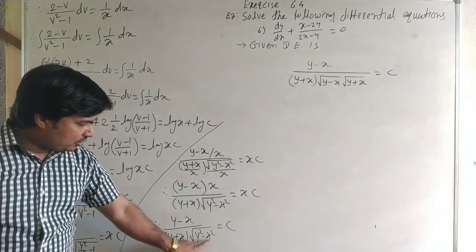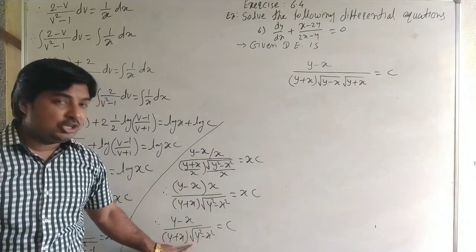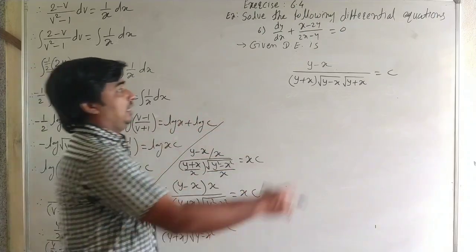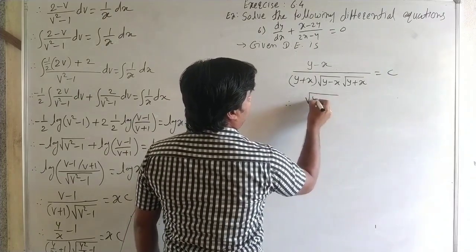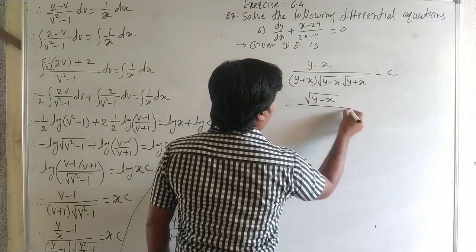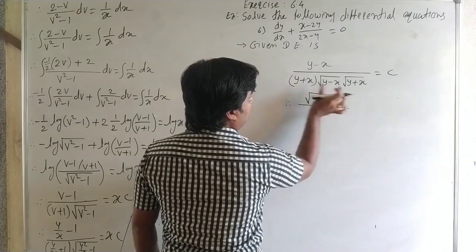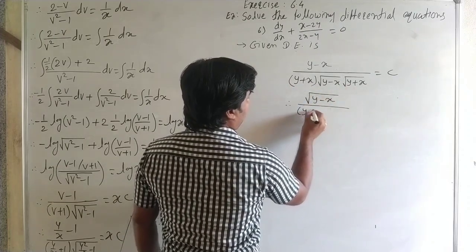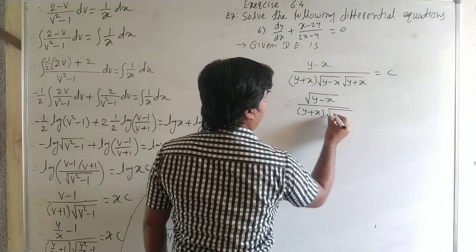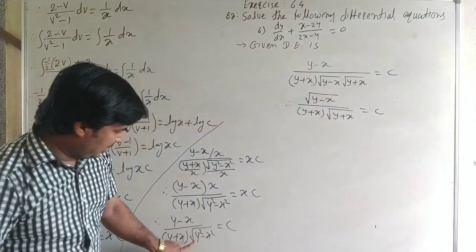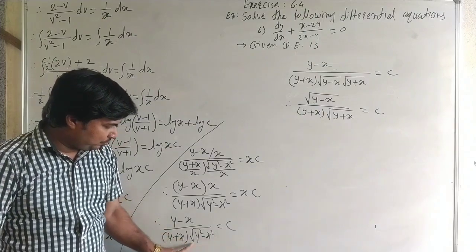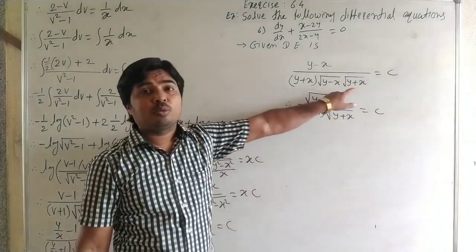It is under root of y square minus x square, that is y plus x into y minus x there, and here y minus x gets cancelled, we get under root of y minus x upon, here remaining the term y plus x into under root of y plus x is equal to c. See carefully this. Here it is y square minus x square, and we can write it in this form.